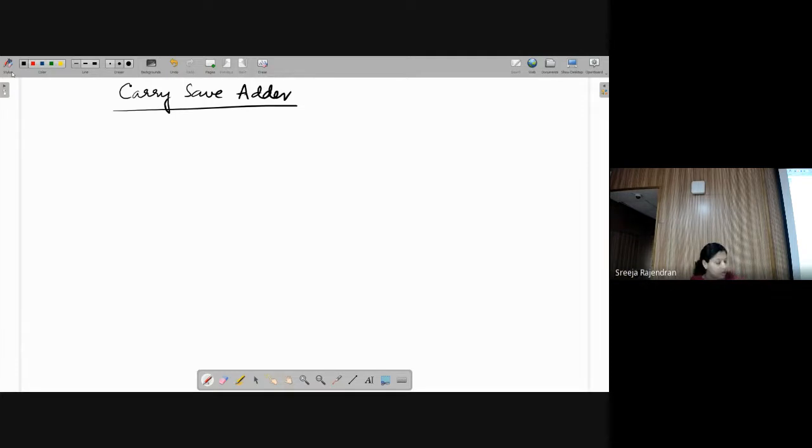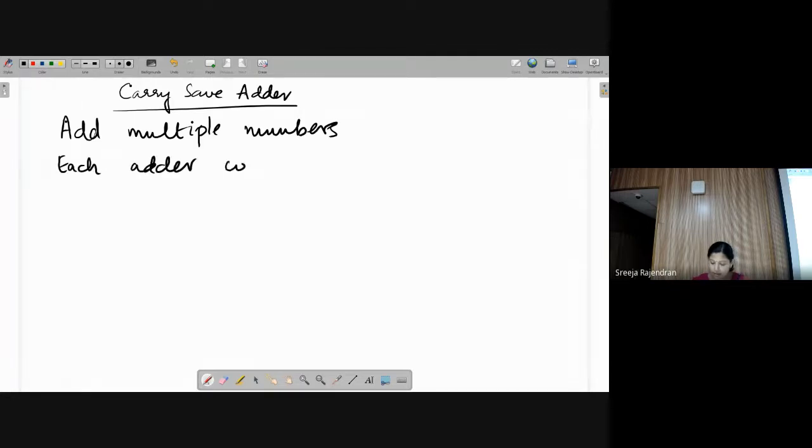Okay. So now this carry save adder. This is a kind of adder which can be used to add multiple numbers, and each adder works independently.